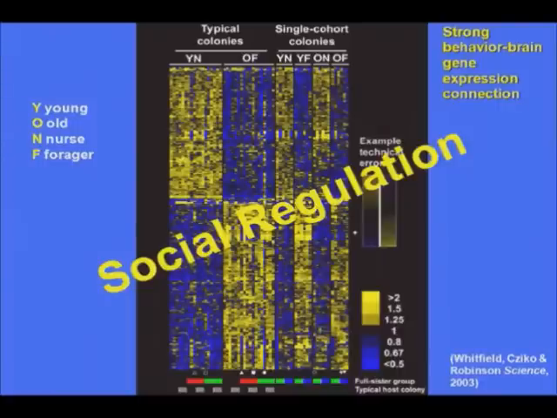This is from an experiment where you remove all the foragers from a colony, and you can see that age is immaterial. It's the behavioral state that matters, and so forth here, also for the Peter Pan bees, the old foragers and the old nurses. And so I could show you a formal quantitative analysis that shows that the dominant effect was behavior rather than age, but I won't.